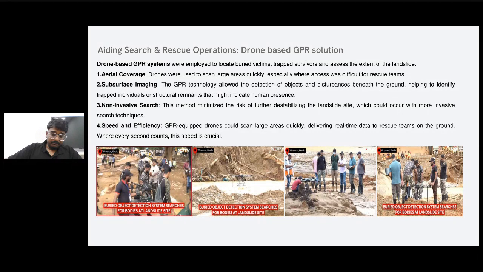The radar could detect them, and the authorities could dig up that particular spot instead of digging up the whole area, which was practically impossible, and take out the survivors. It also helped in identifying dead bodies covered in the soil, and people who were reported missing due to landslides were later found under the soil with the help of such systems.